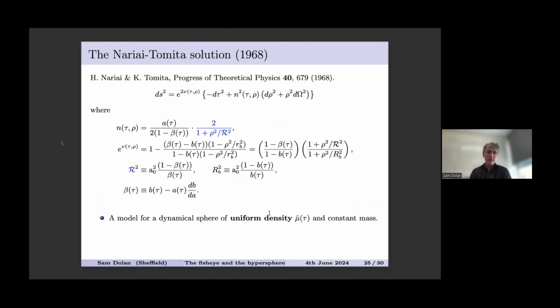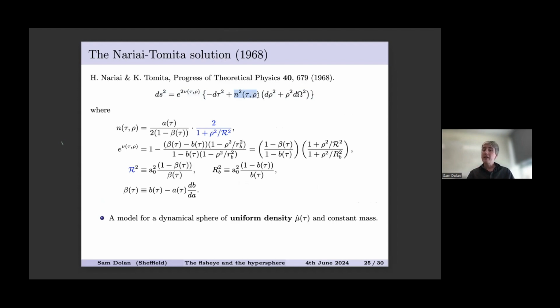So to look into this, I rooted around in the literature until I came across a model that suited my purposes. And that was the model of Nariai and Tomita from 1968. With just a little bit of rewriting, their model looks like this. We've got some conformal factor here, which depends on time and radius.